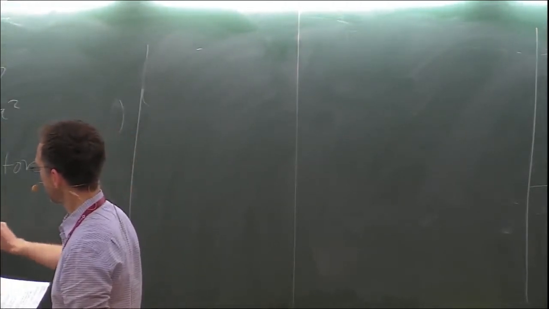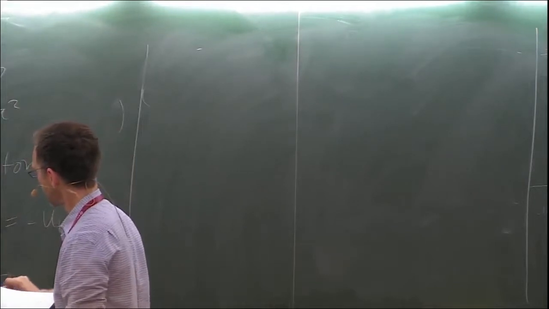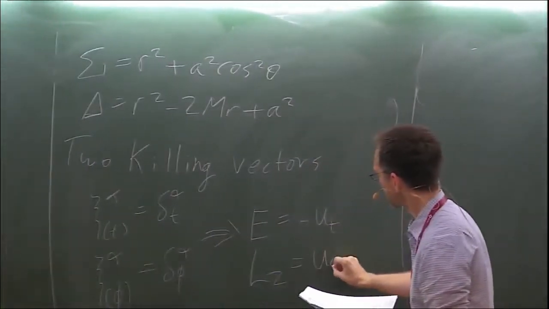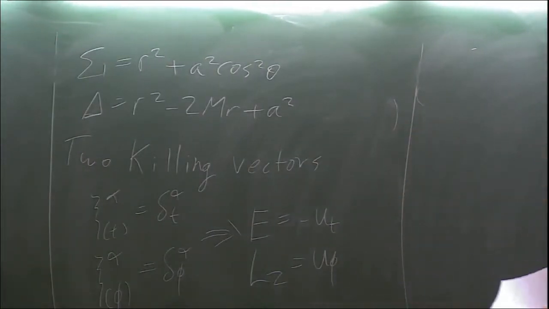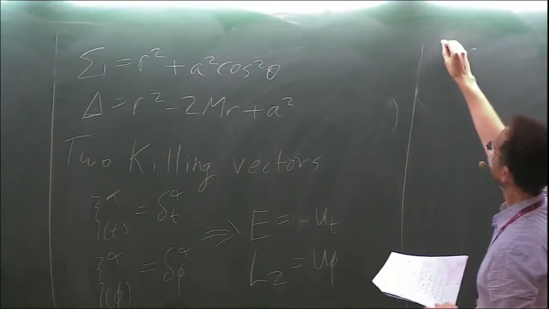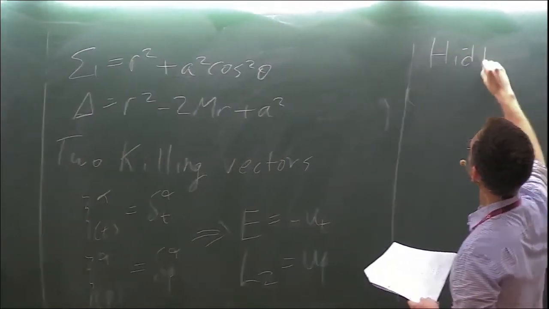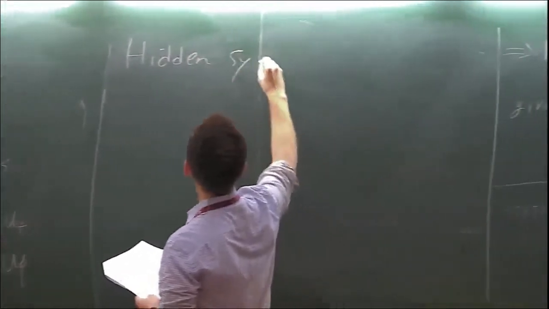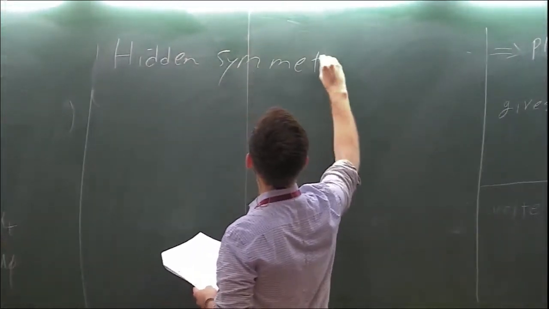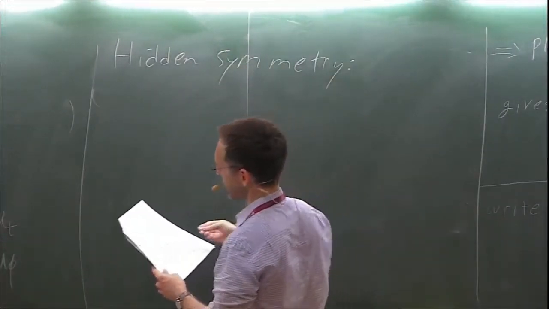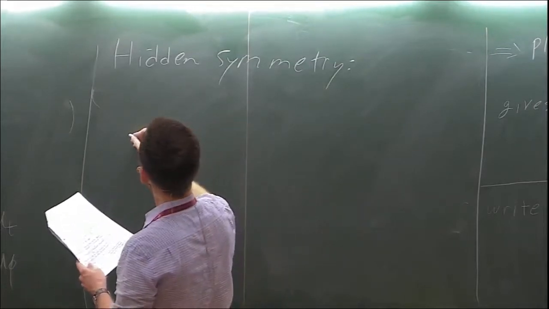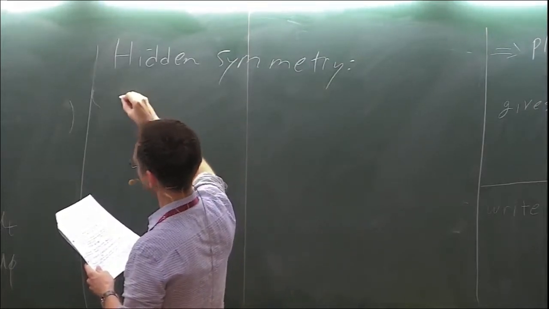So this, again, gives two constants of motion. E is minus u_t. L_z is u_phi. But then additionally, you have a hidden symmetry associated with a Killing tensor.